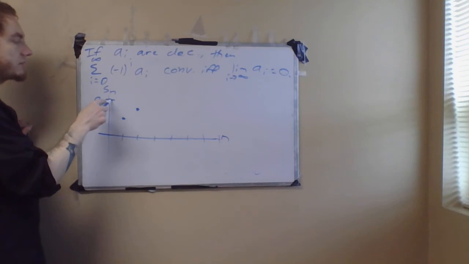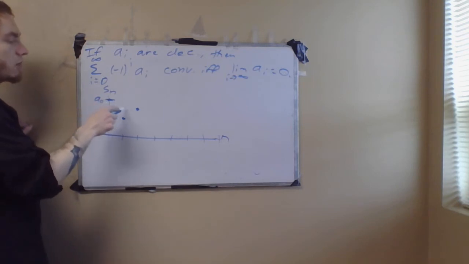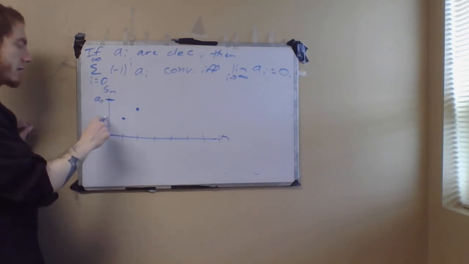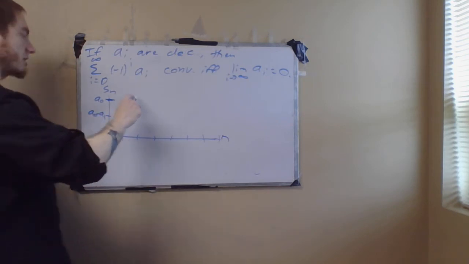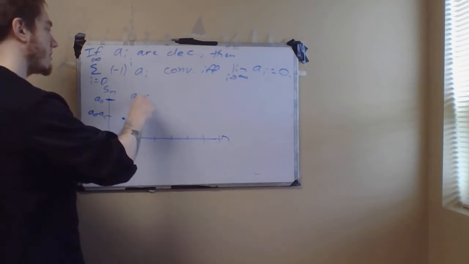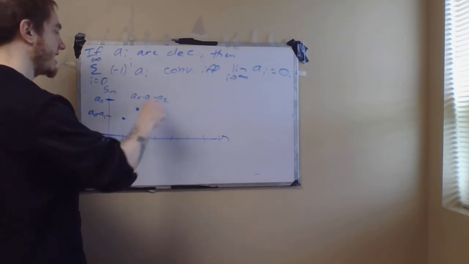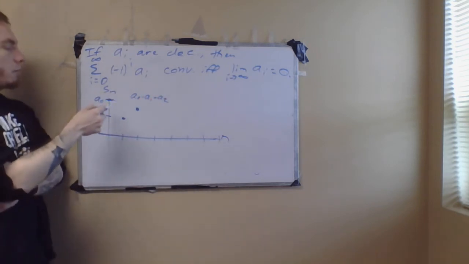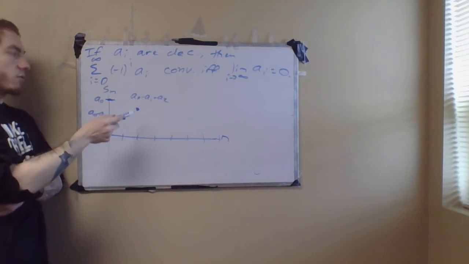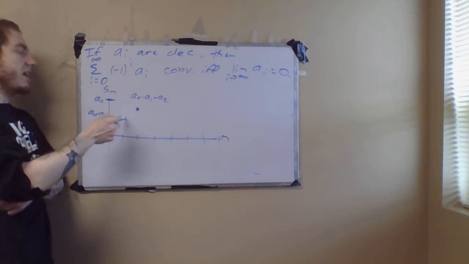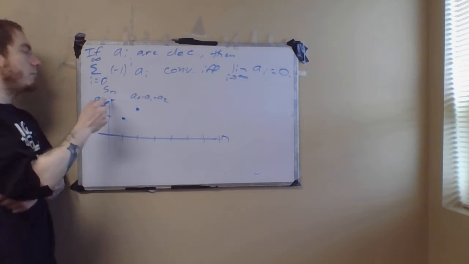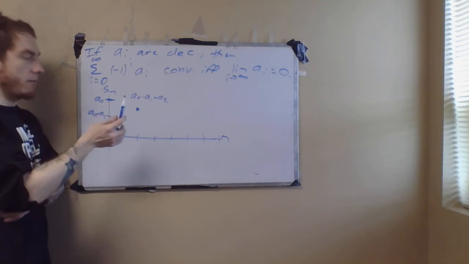Because this is a decreasing series, we come back up, but not as high as A0.